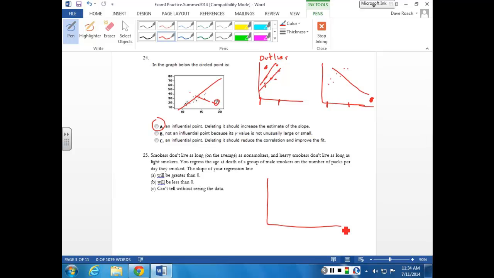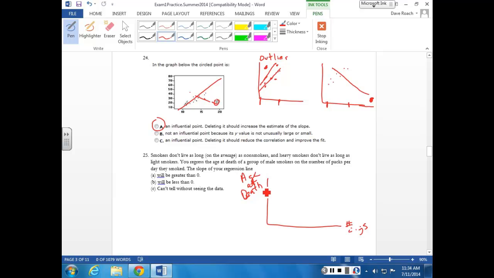On the x-axis, let's put number of cigarettes or number of packs or whatever. And on the other, we'll put age at death. I don't want to be too morbid, but there it is.